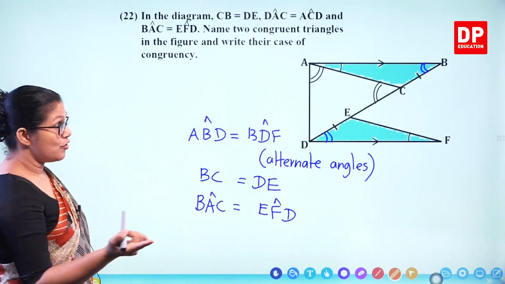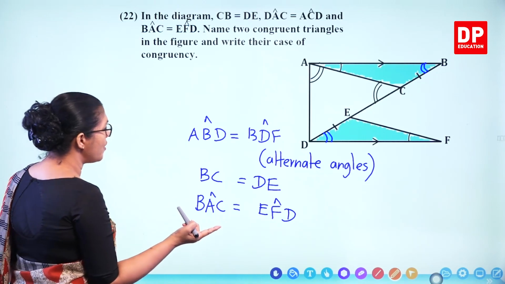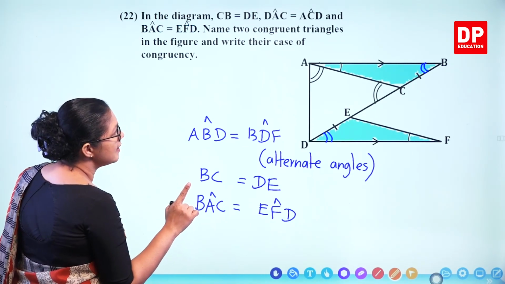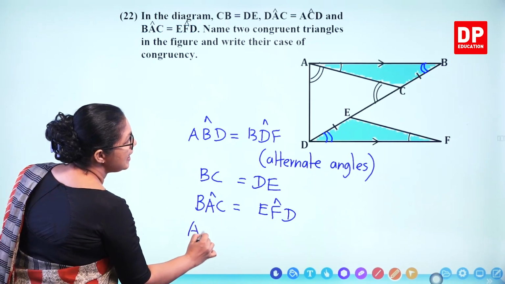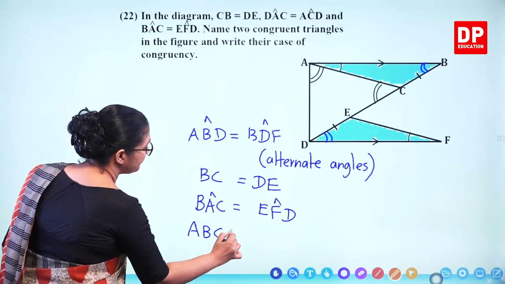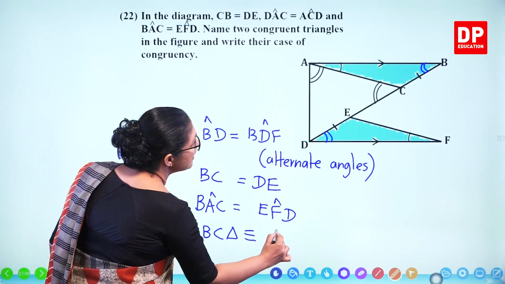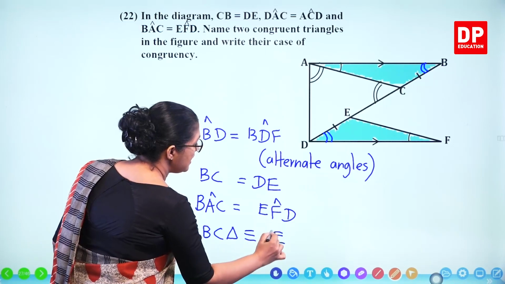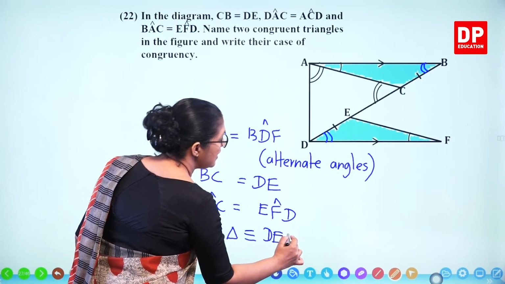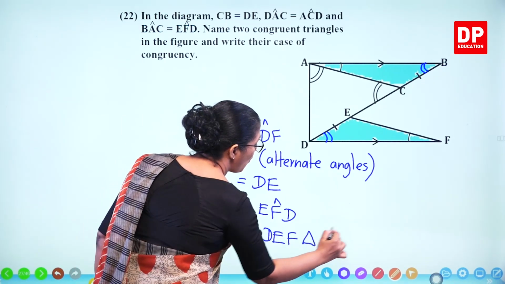What can you say about these 2 triangles? These are congruent. So what are the 2 triangles? Congruent ABC triangle and DEF triangle. What's the case?